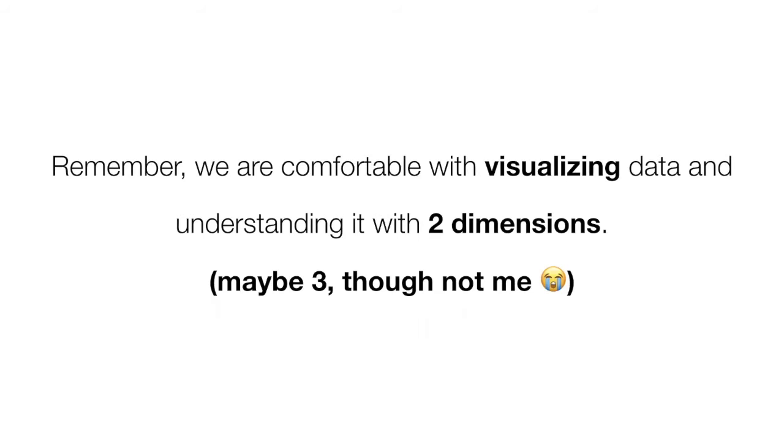Remember, when we visualize, typically we're visualizing a two-dimensional space, like X and Y. Of course, you can visualize the data in X, Y, and Z, or by using color and size, so you can bring a lot of dimensions if you want. But typically we're comfortable and good at finding patterns when the data is presented in 2 dimensions.